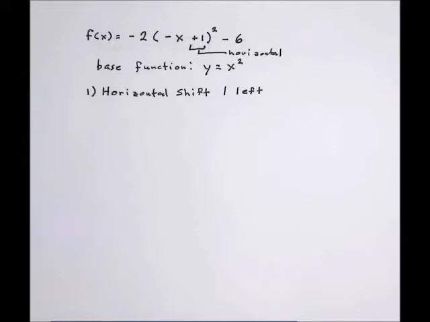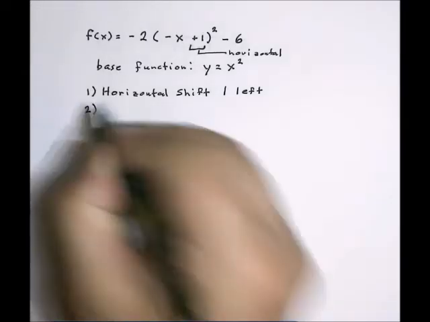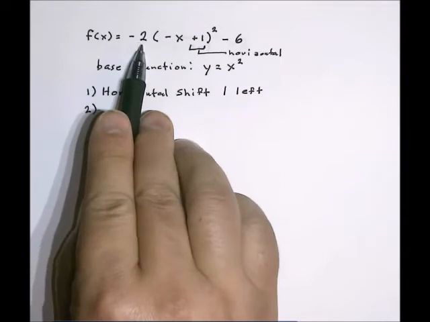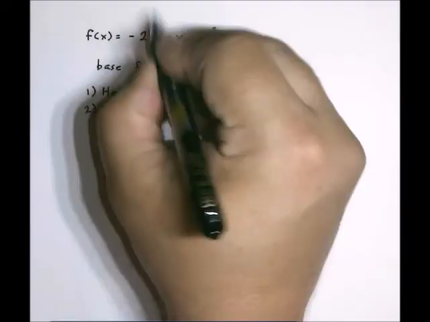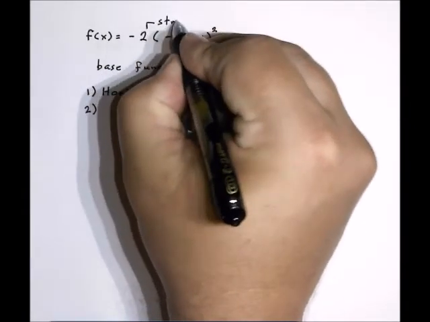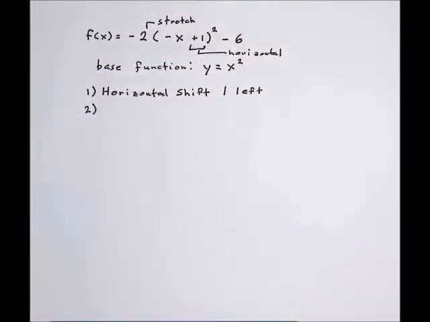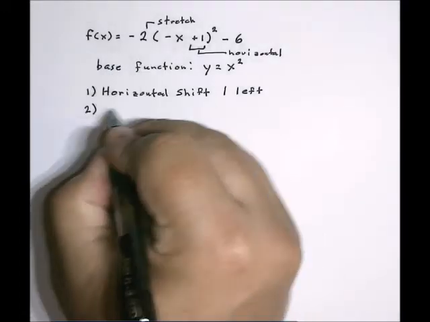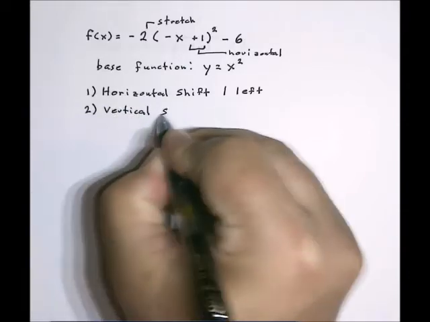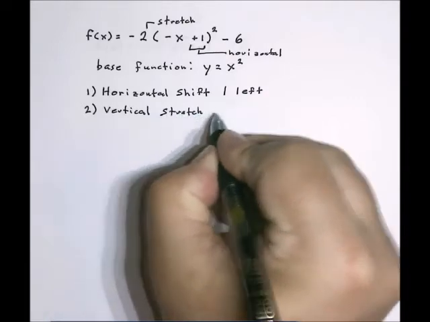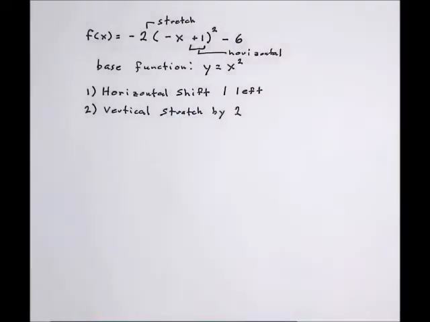Okay, next was my vertical stretch. And vertical stretches come about by constants outside the function. So this 2 indicates a vertical stretch. And if the number is greater than 1, it's a stretch. And if the number is less than 1, it's a shrink. So in this case, we have a stretch by a factor of 2.